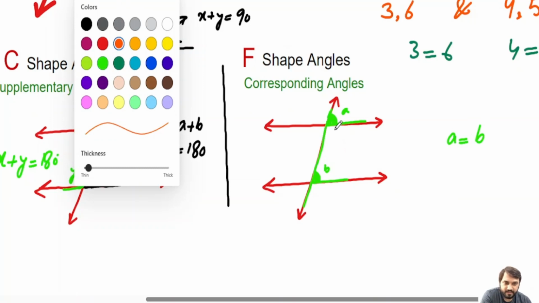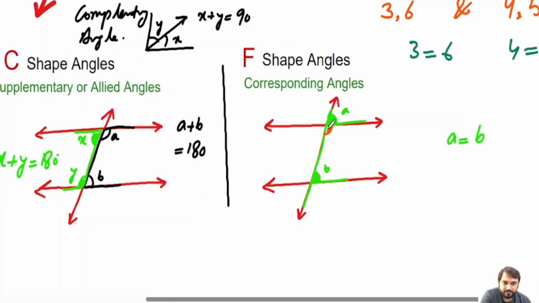In the other case, if you have this angle, one interior, and this angle, one exterior, these are called the corresponding angles. In F shape, these are called corresponding angles. If this is X and this is Y, they both are equal.